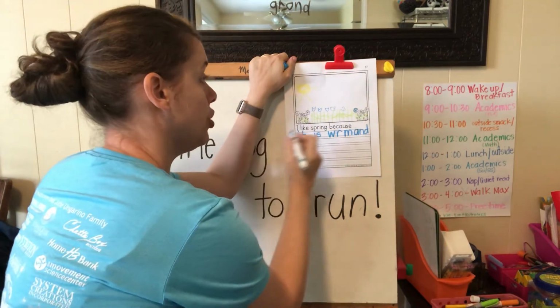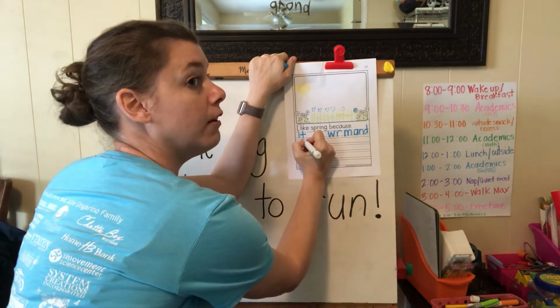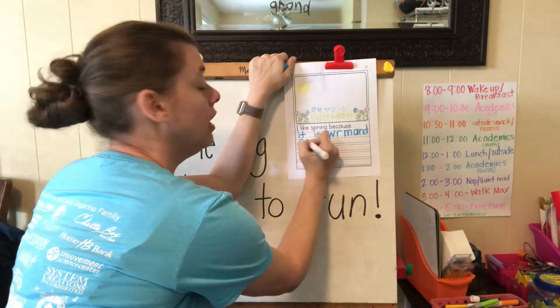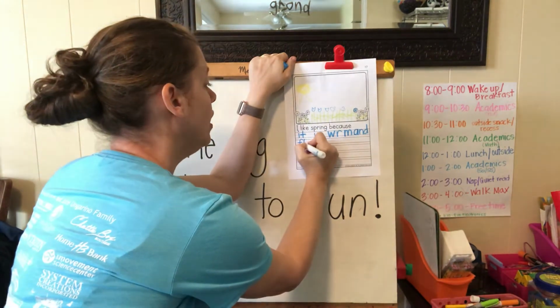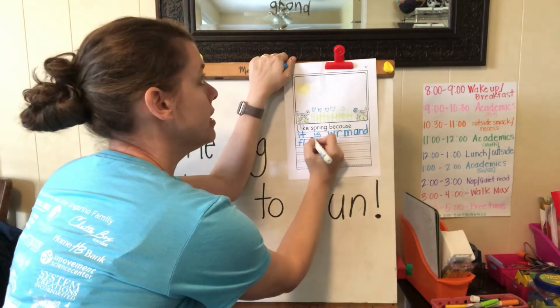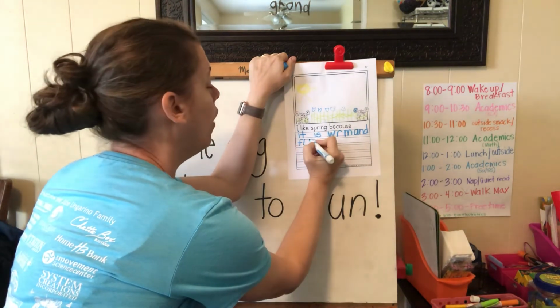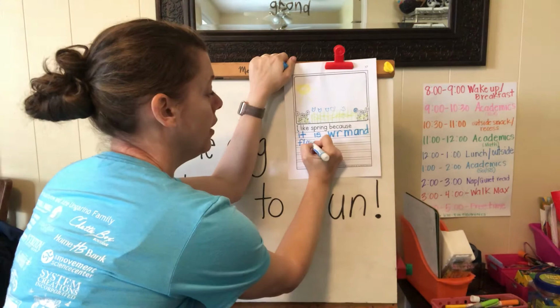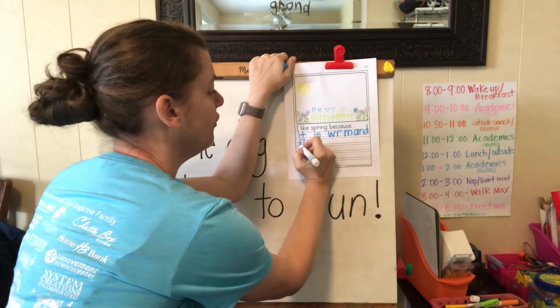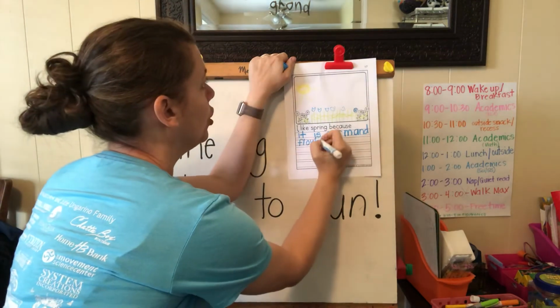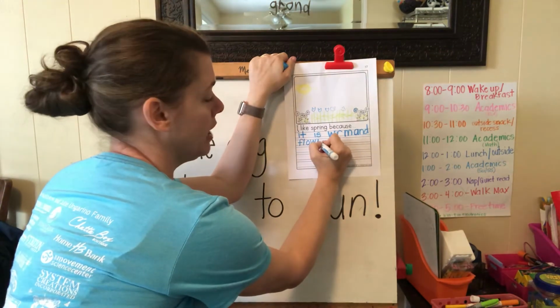Smarty spell, stretch it out. What am I writing? F. O. L. F. O. Ow, ow, ow. Maybe an O. What's the next letter?